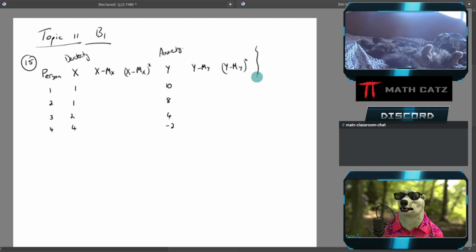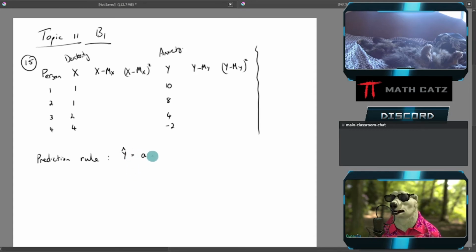And ultimately, our goal will be to calculate the constants in our prediction rule. Let's write down the prediction rule that we're trying to establish: y hat, for predicted y, equals some constant a plus some constant b times the dexterity score you want to use as input.